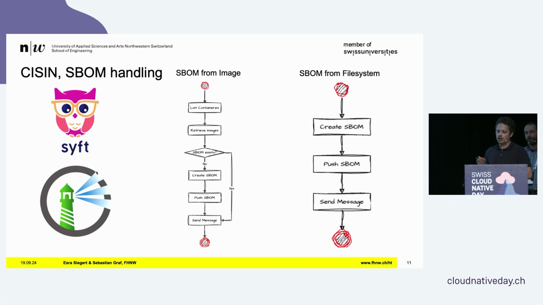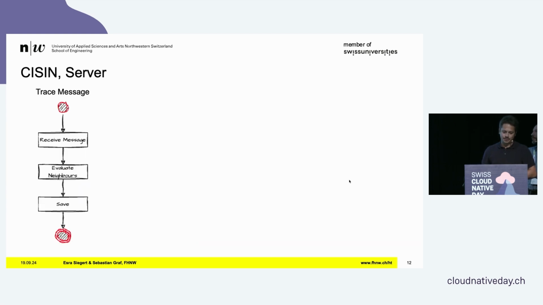So we do that in longer intervals than for the images, because on the images, we can easily decide based on the digest if we have to analyze it again or not. And of course, we push that to the NATS queue again. Well, that's it for the agent part.